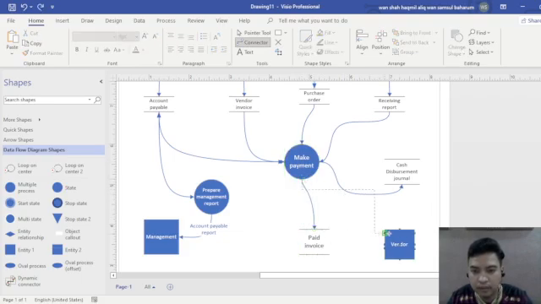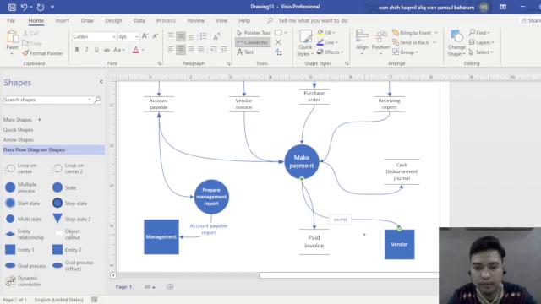Then from make payment, they send the payment remittance advice to the vendor. So there will be a data flow here with the name payment remittance advice.